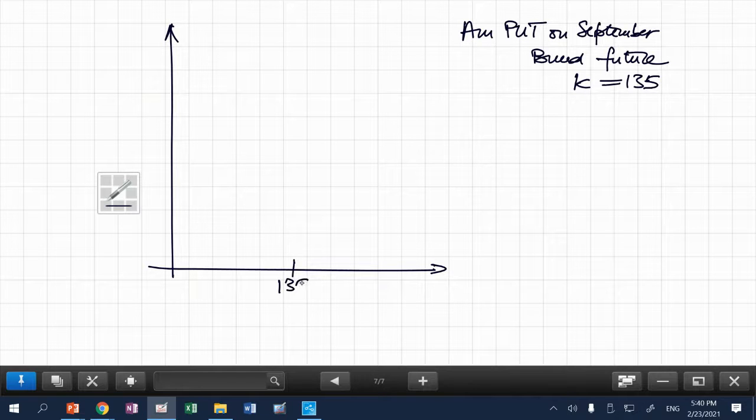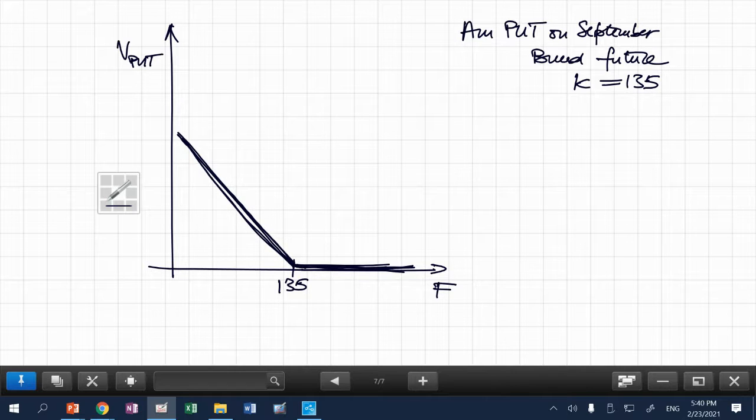So 135 would be the level deciding whether at maturity I exercise the put option or not. I would have a payoff equal to 0 whenever the future is greater than 135 at maturity. Here I would have a value going up with a minus 45-degree slope.